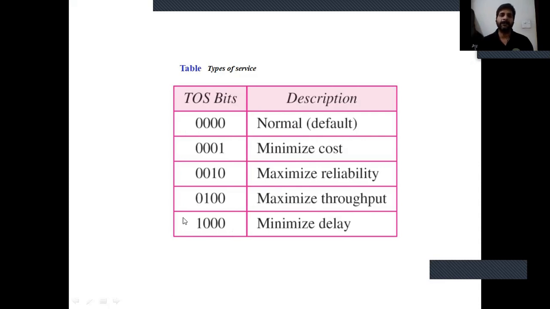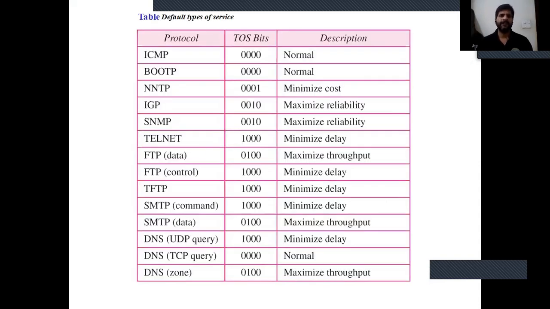These bits represent the type of service, or TOS bits. Similarly, there is a default type of service for ICMP, where the TOS bits represent 000 for normal. BOOTP also has TOS represented by 4 zeros, normal, and likewise NNTP, IGMP, and several other protocols. Their type of service bits and descriptions are shown in this table.